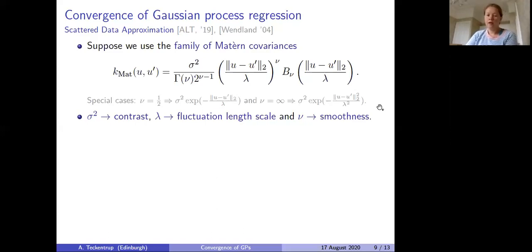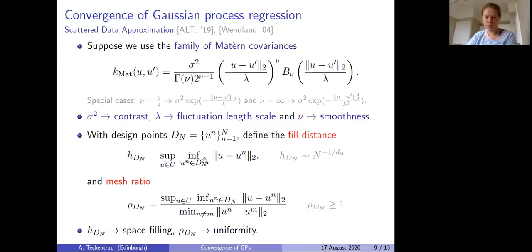All right. So this is something that is very often used in Gaussian process regression to give you results on the convergence as n tends to infinity. I need to define two quantities here. The first one is the fill distance.